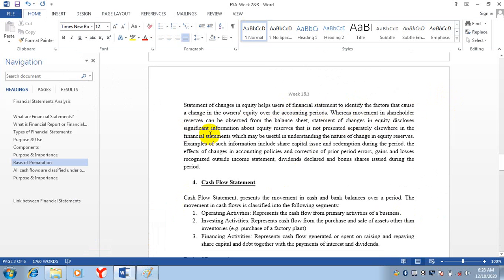Statement of changes in equity discloses significant information about equity reserves that is not presented separately elsewhere in financial statements, which may be useful in understanding the nature of changes in equity reserves. Now, changes in equity reserves, we are showing it in the balance sheet, but it is just one item. There is no such explanation like this.